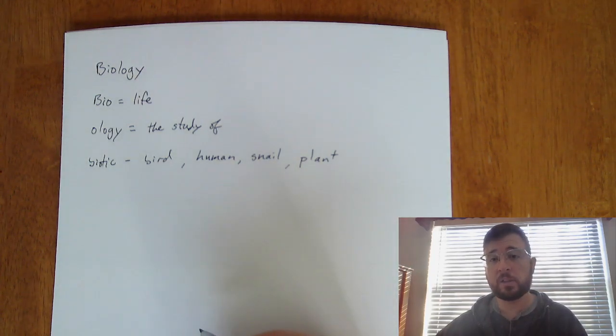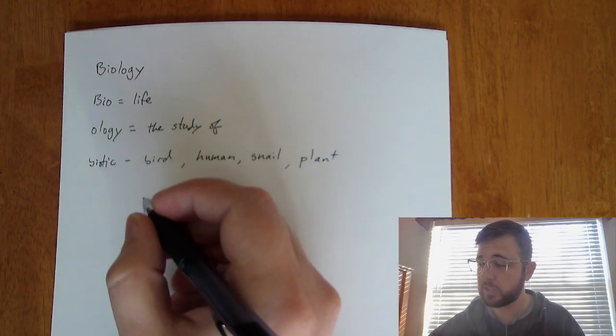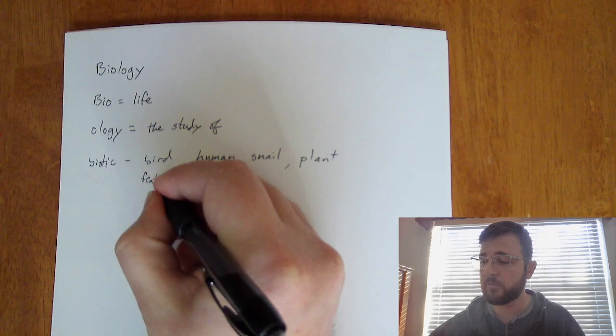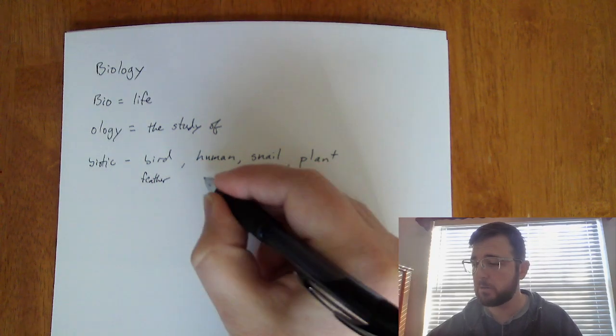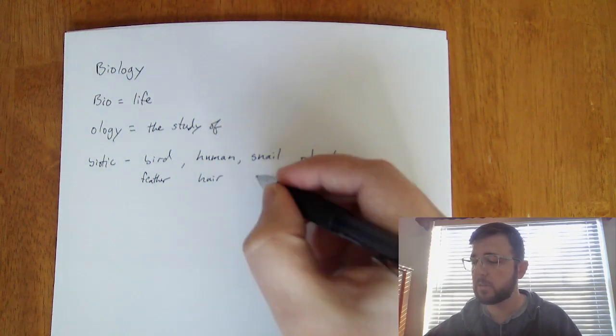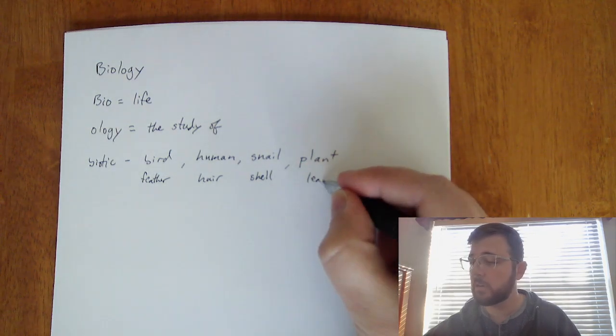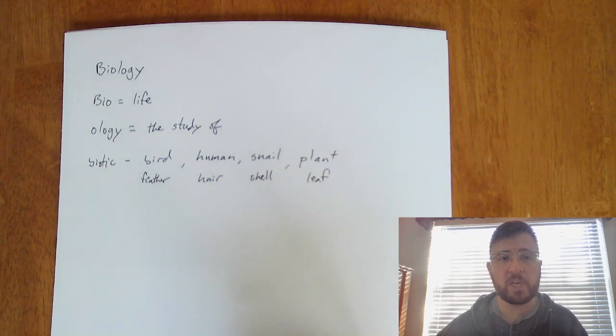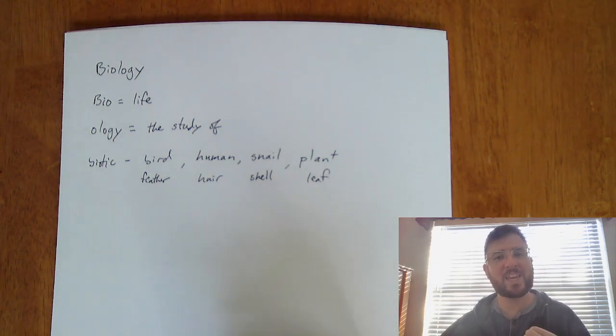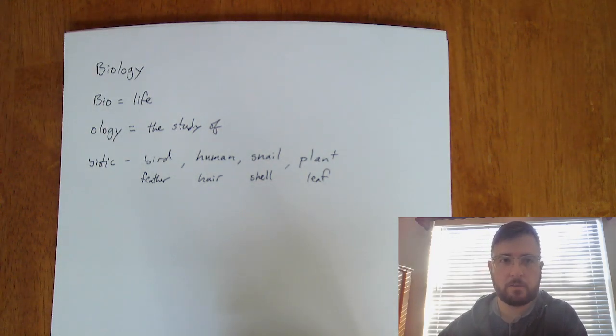But not only living things, also things that come from living things would be considered biotic. So a feather from a bird, hair from a human, the shell from a snail, the leaf from a plant would all be considered biotic as well because they came from a living thing.